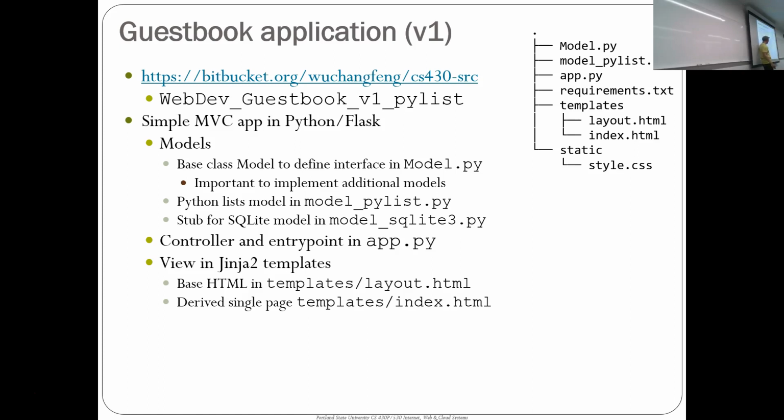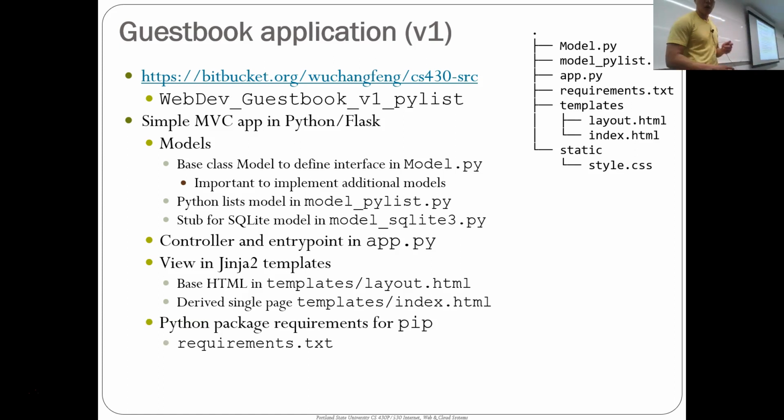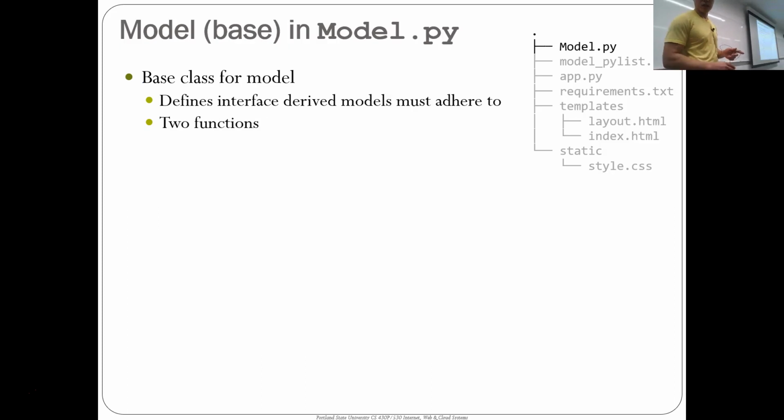You take a base and then the derived pages will inherit from the base and only change the middle parts of it. So that's basically what's happening here. There is a base layout that I put in here, and then the different templates around this base layout will just give you the subpages in the app. And then the requirements file, which has just got Flask in it.